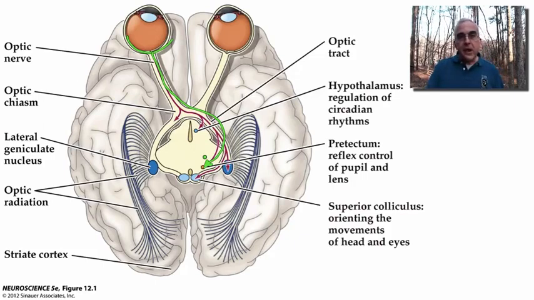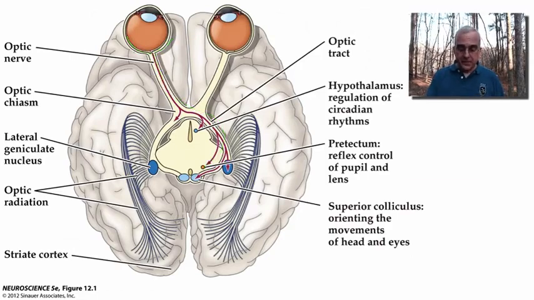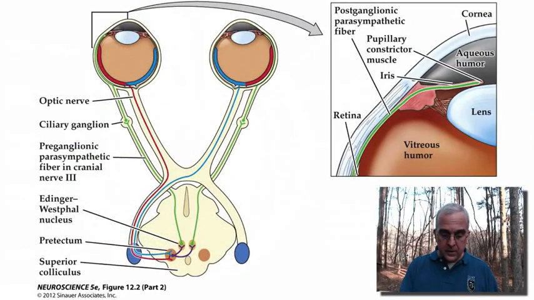So let's look now at a view just specifically of this reflex circuitry. So now what we see are the sensory and the motor limbs of this reflex arc. And let's first consider the sensory limb. Now, the retinas are projecting into the pretectum.